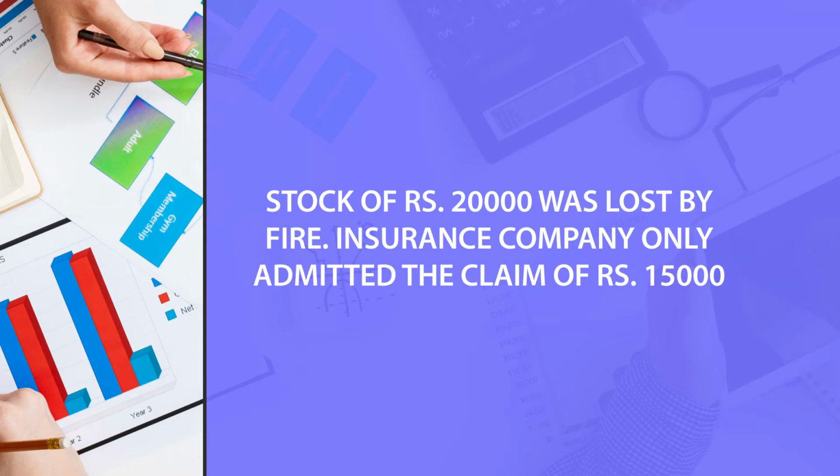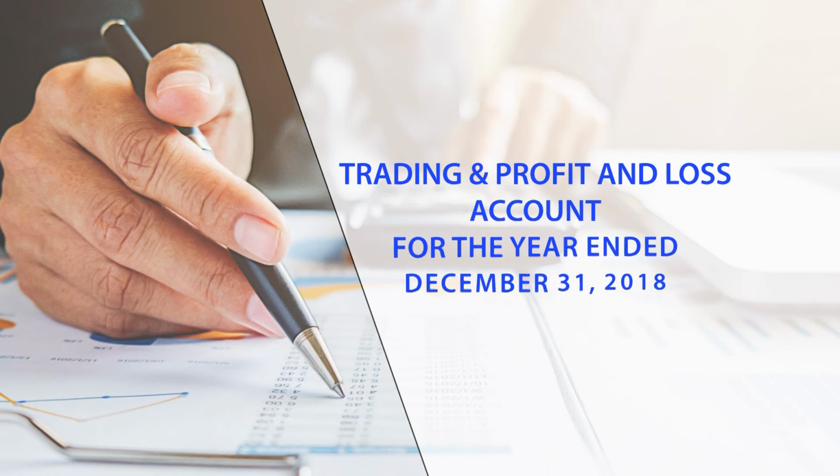The insurance company only admitted the claim of rupees 15,000. So we have a loss of rupees 20,000 on account of loss by fire, and out of 20,000 the insurance company admitted only rupees 15,000.